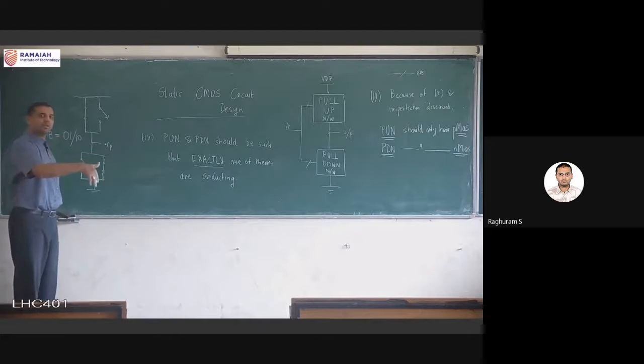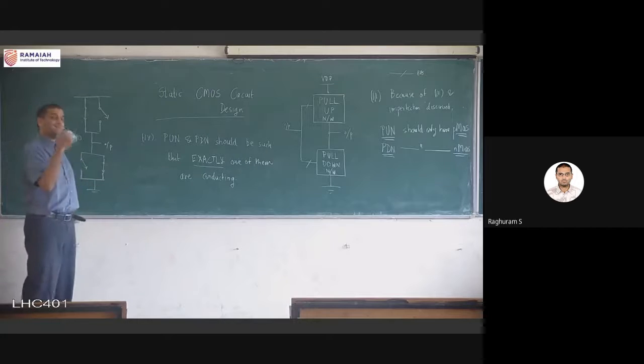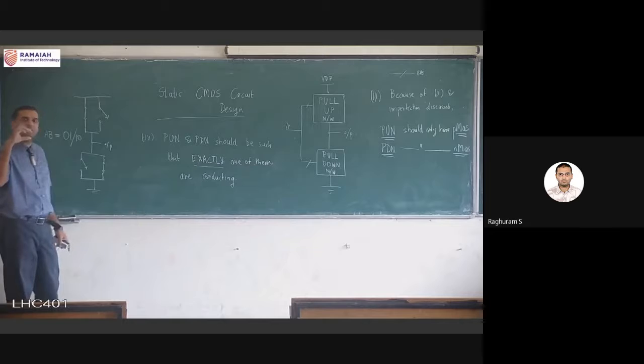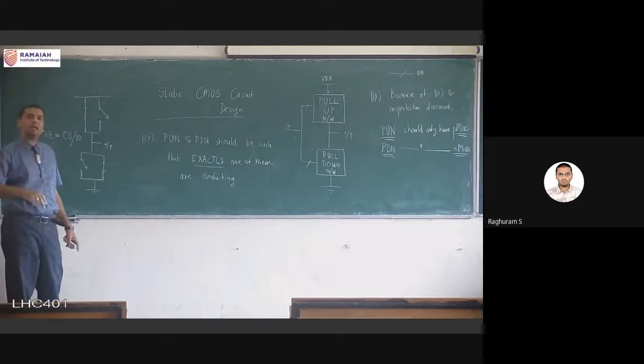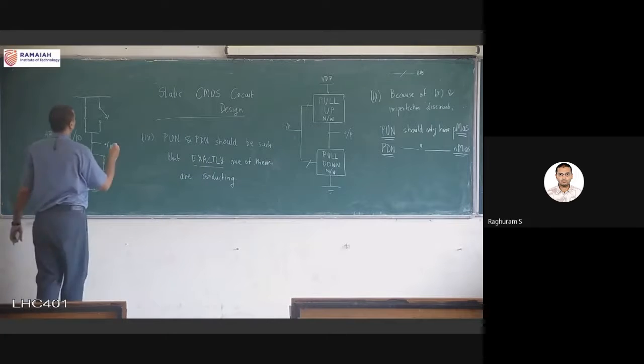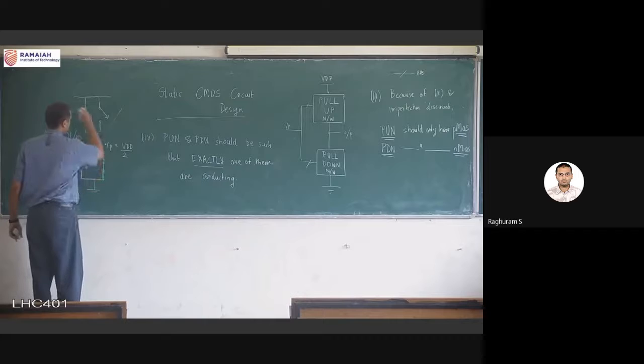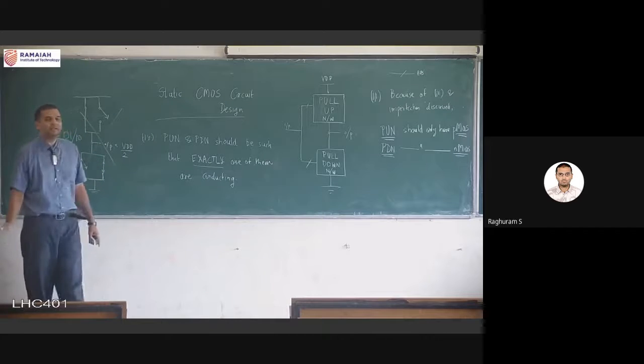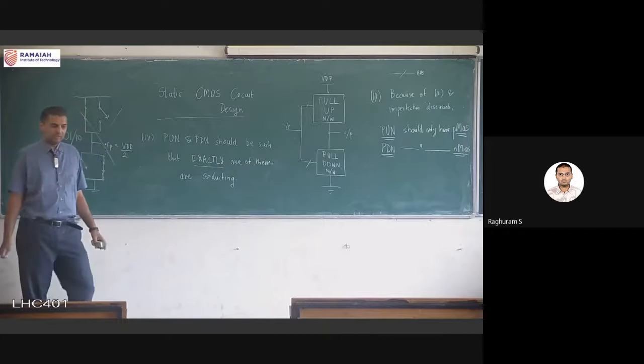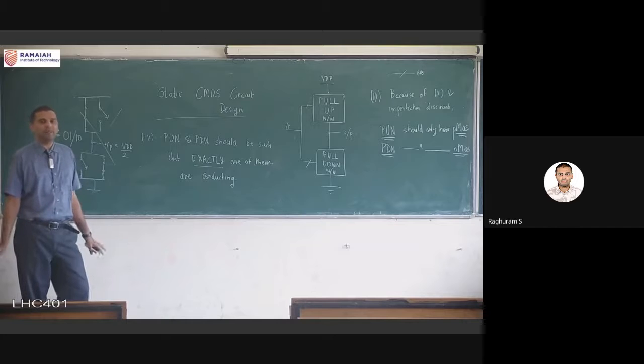It's not that one input combination is connected to output and another input is not, that's fine. But here at the same time for input 0, 1, there is a connection to VDD and to ground. So output, for example, might be VDD by 2, we don't want this. VDD by 2 is not a recognizable value.